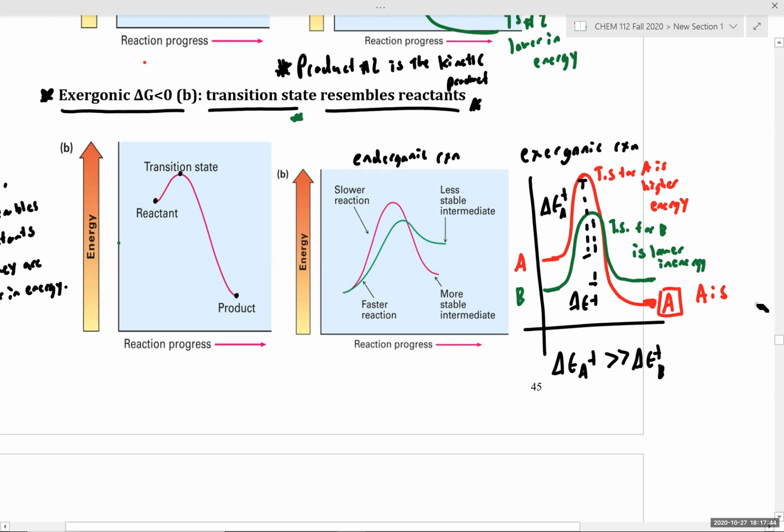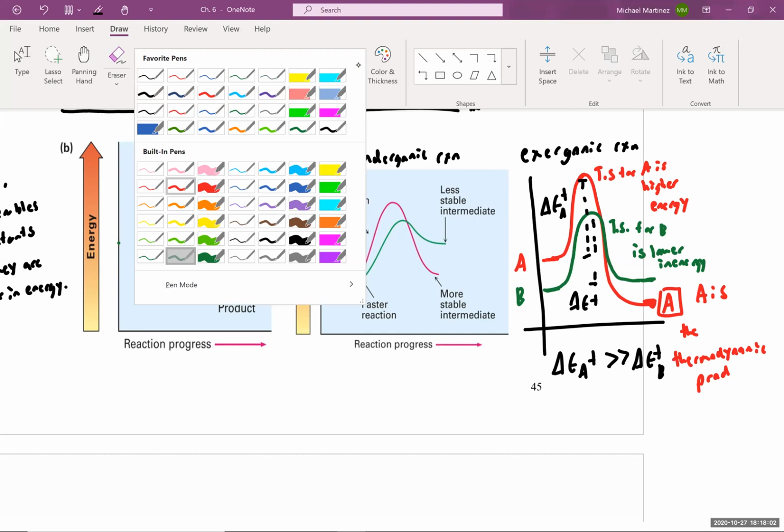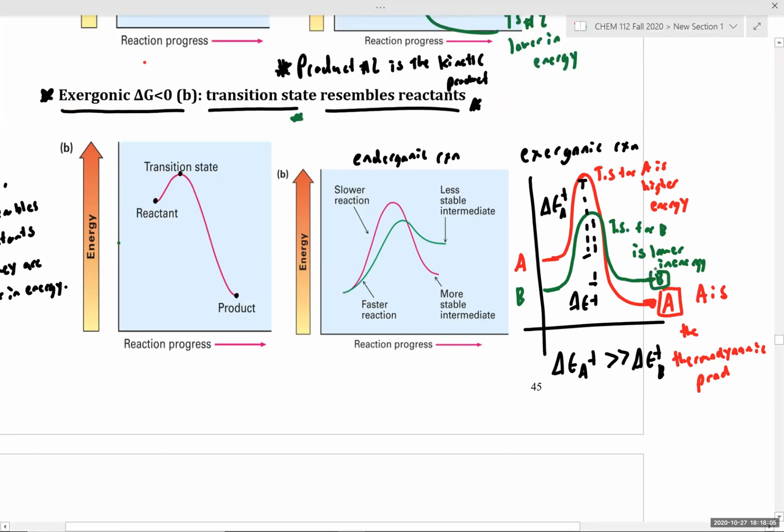While product B, what would we call product B? B would be called the kinetic product. Does this idea make sense?